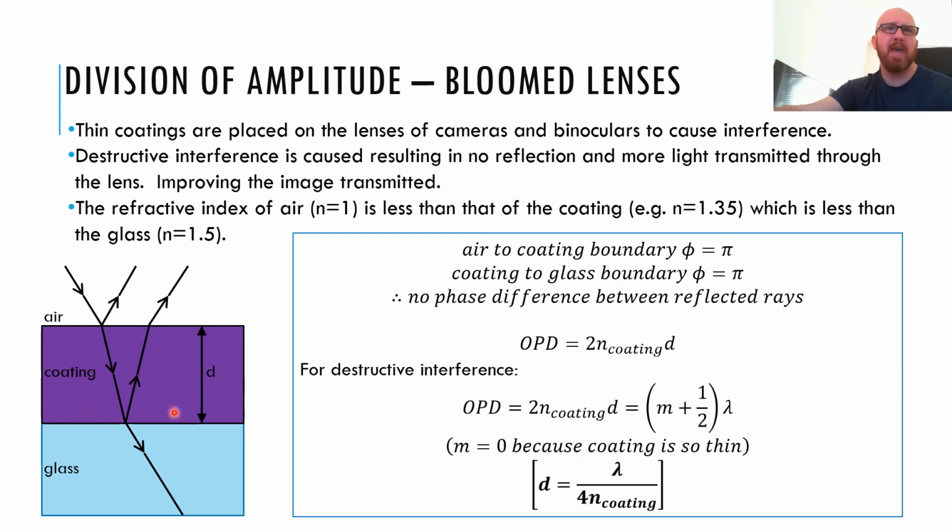We're making this m value 0 because this coating is so thin, it's not got enough space to create more than just one interference pattern or one maxima. So the m comes out and you get d equals lambda over 4n for the coating, and that's the formula for bloomed lenses. Bloomed lenses are just coatings on lenses. You get this in cameras as well, and glasses, telescopes, lots of things like that. And it improves the light transmitted through.